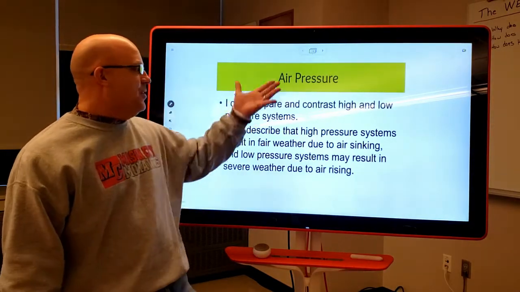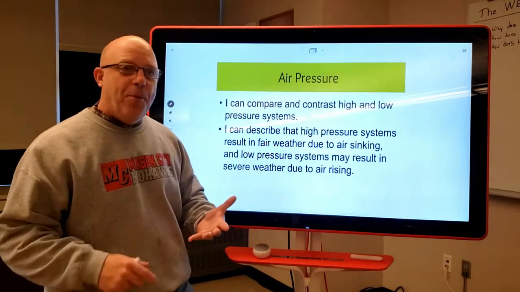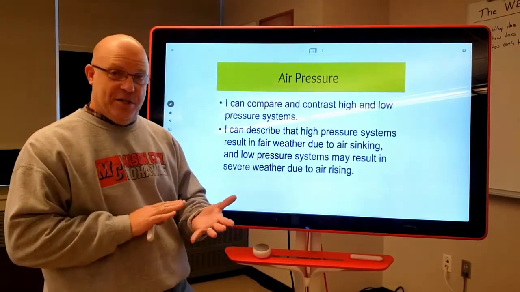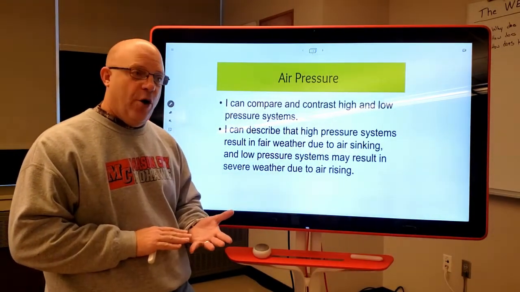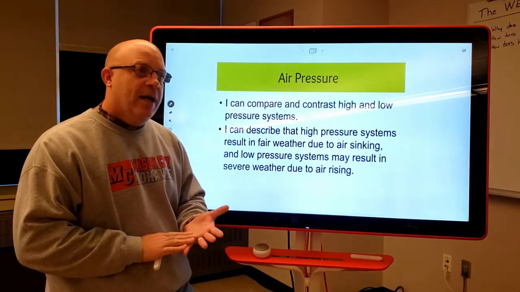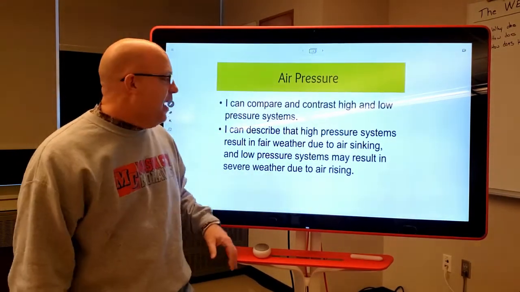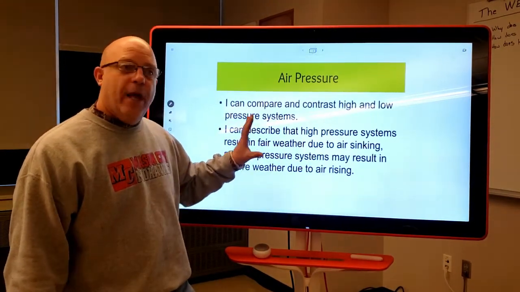That's usually based on one of the biggest components, which is air pressure. Air pressure is going to determine whether we have sun in the sky, whether it's cloudy. Air pressure is going to determine some of our precipitation patterns, whether we have rain, snow, or a nice day outside. And so we're going to talk about air pressure first.